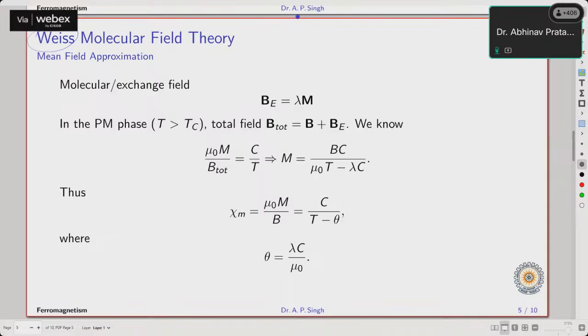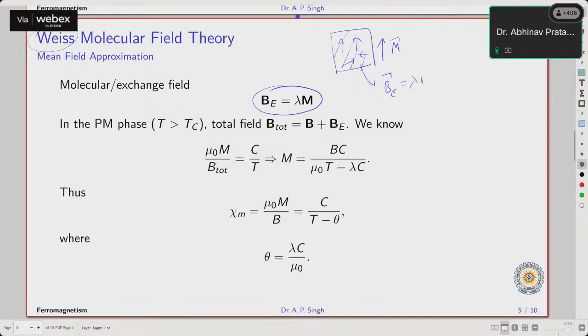He said you have these dipoles inside the ferromagnetic material, maybe pointing in some other direction. Inside this ferromagnetic material, there is a field called the molecular or exchange field, and it is given by this expression. If the material has some magnetization, let us say M, then there is an internal field, and that internal field is proportional to this magnetization.